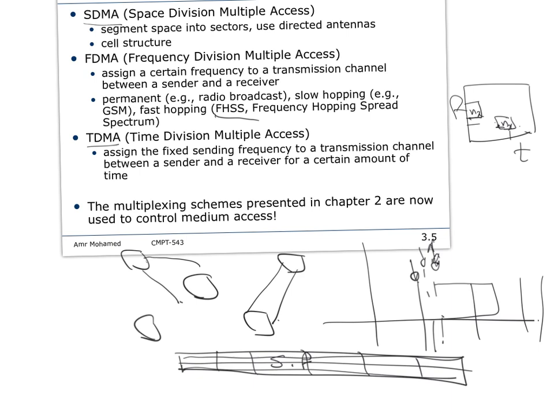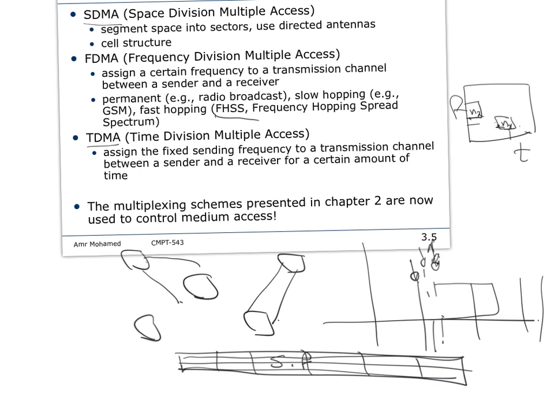Because if we leave the assigned frequency fixed all the time, you will not have the same throughput on all nodes. Even if the nodes have equal transmission opportunity and they all have data to send, you will not have the same throughput. Why?